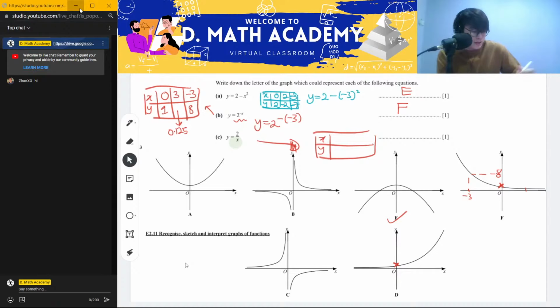So immediately, I know that my graph is either B or C, because if it touches 0, you will get math error. You can try to key in 2 divided by 0. We put in 2 over 0, you get math error. So this is the reason behind that. This graph will not touch 0. So the only contenders for this graph will be B or C.